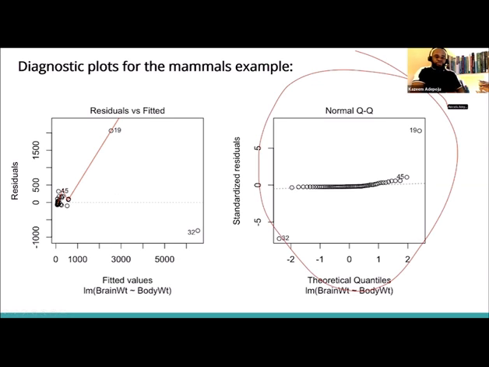You remember I told you last week that we use a normal QQ plot to test if the normality assumption is violated, and we use residual plots to investigate if linearity or the assumption of constant variance is violated.